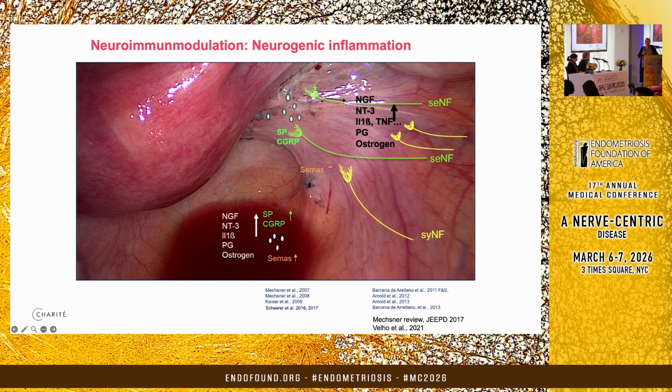Then we have a higher concentration of the more pro-inflammatory substances, substance P, CGRP in these lesions, but a lower level of the more anti-inflammatory neurotransmitters of the sympathetic nerve fibers.